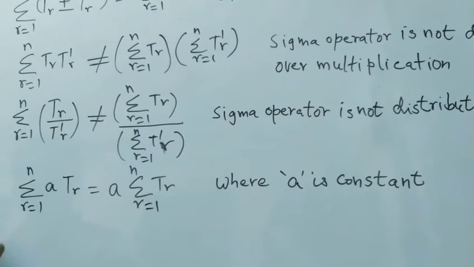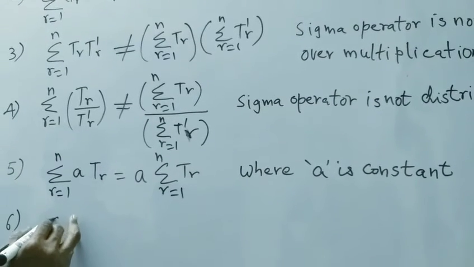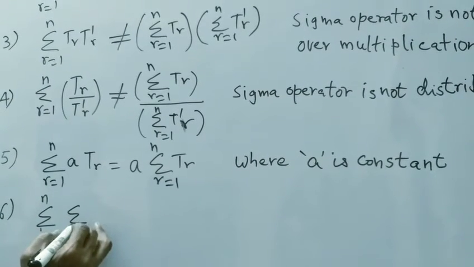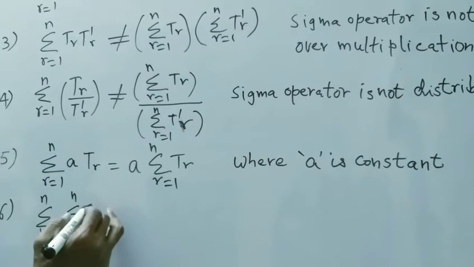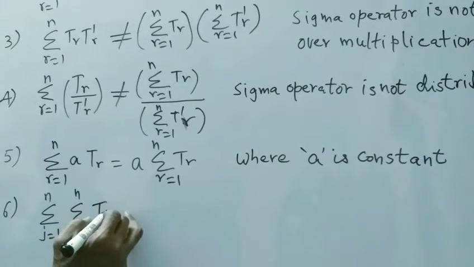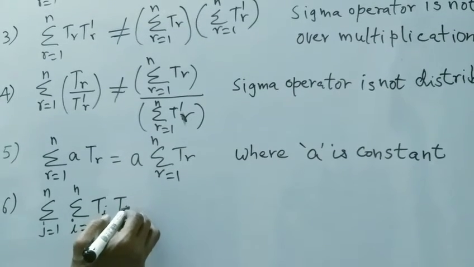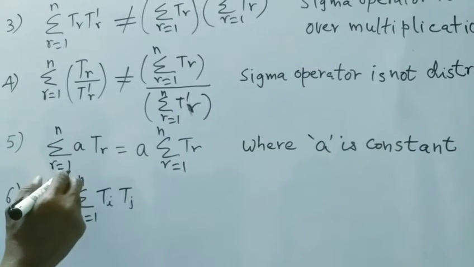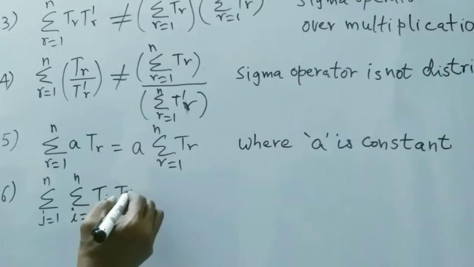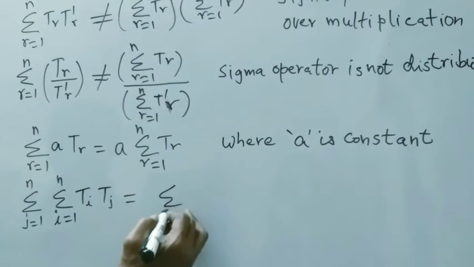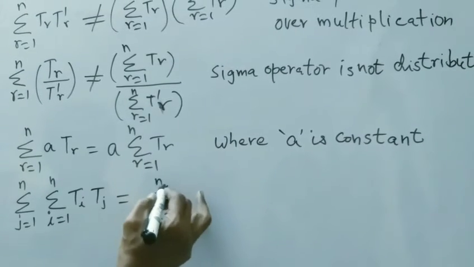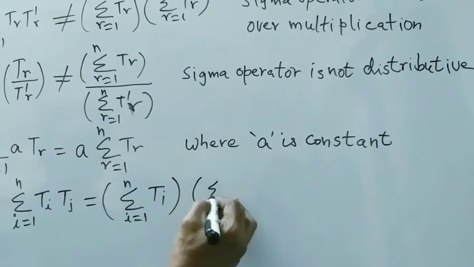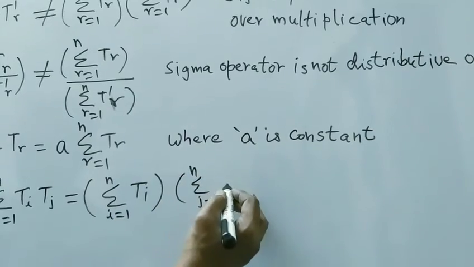Next, one more is there, the sixth one. The double summation, summation of j is equal to 1 to n, into summation of i is equal to 1 to n, of the product of the ith term and the jth term, t_i into t_j, is equal to summation of i is equal to 1 to n of the ith term into summation of j is equal to 1 to n of the jth term.